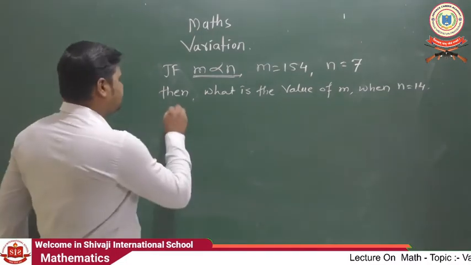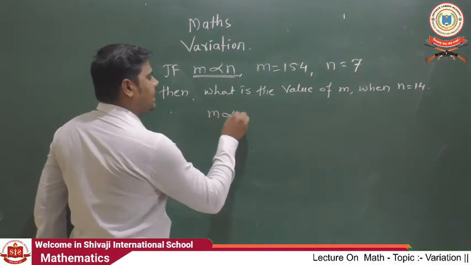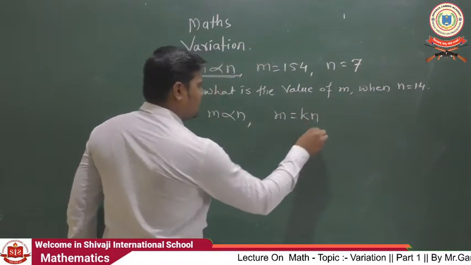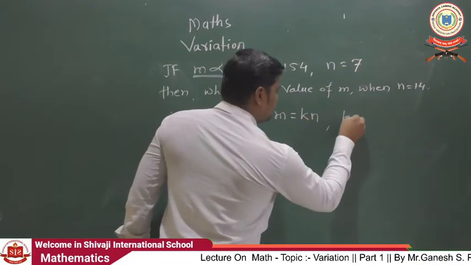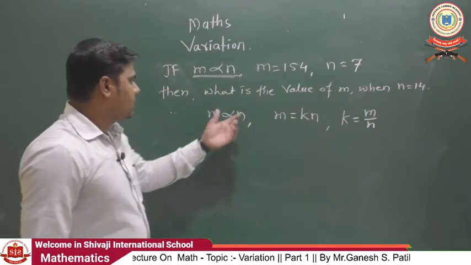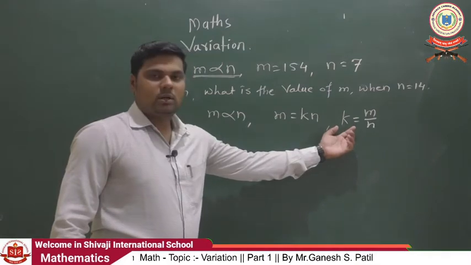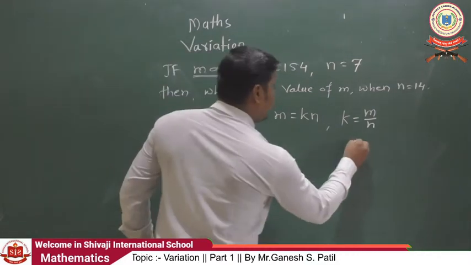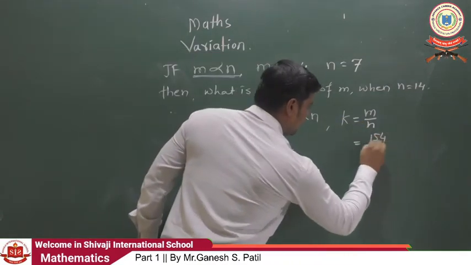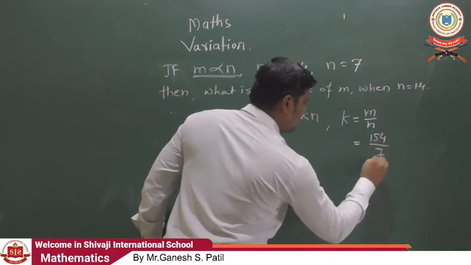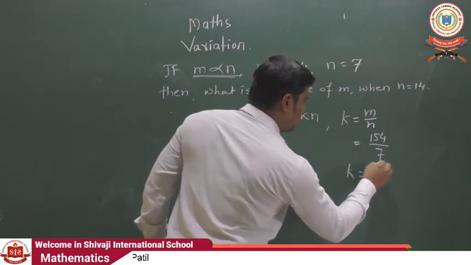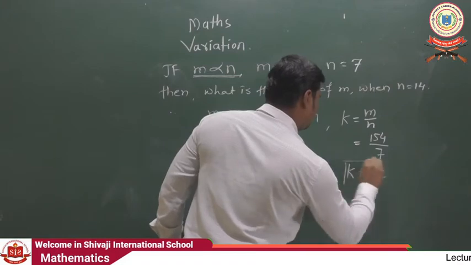Okay, see, m is directly proportional to n, m is equal to kn, then k is equal to m upon n. Okay, then first we want the value of k. Then value of k is equal to, suppose m is equal to 154 upon n is equal to 7, then the value of k is equal to 22.